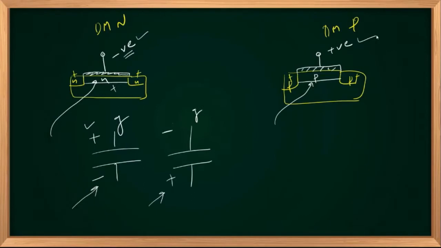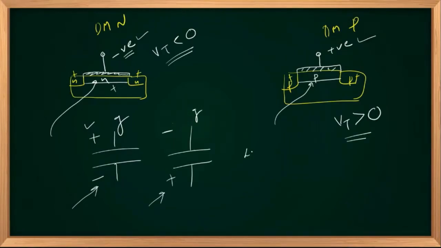Right. So threshold voltage in the case of depletion mode n, Vt is less than 0, negative. Threshold voltage in the case of a p-channel depletion mode device, Vt is greater than 0.